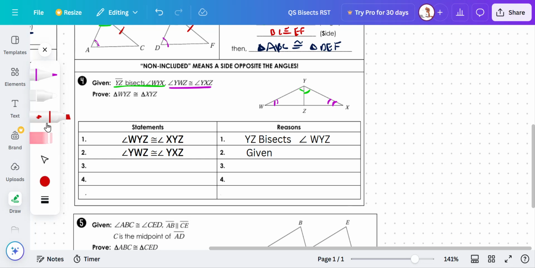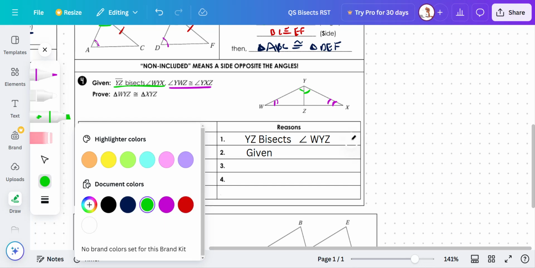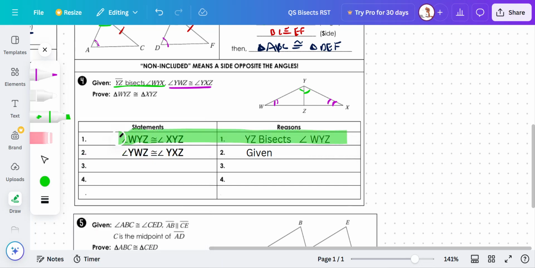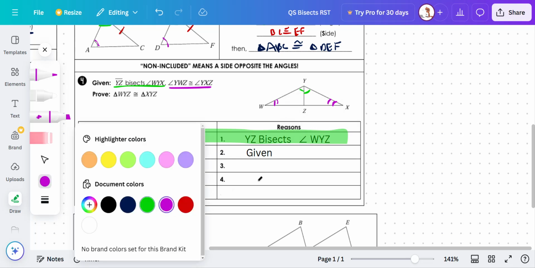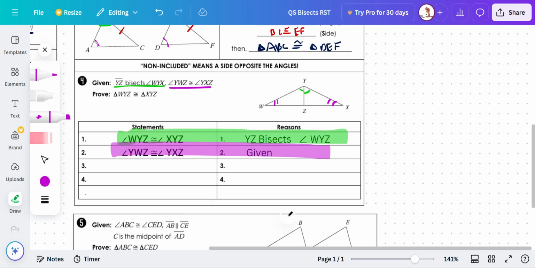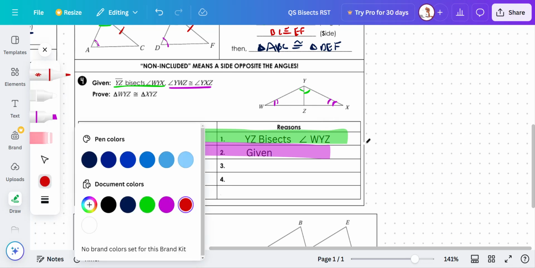Someday I won't be slow at this. So we've got round one. We know these two top angles are congruent because the YZ bisect cuts them into two equal parts. We know those two angles are congruent because they were given to us as congruent. We're missing a third piece of information. I know it does need to be a side.